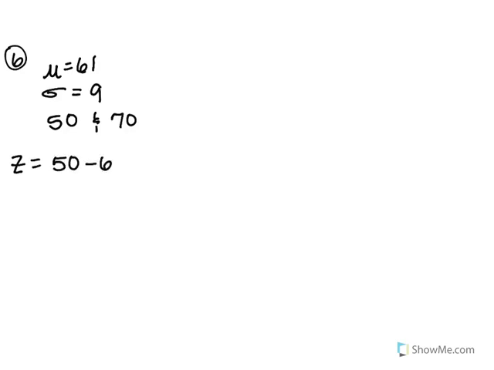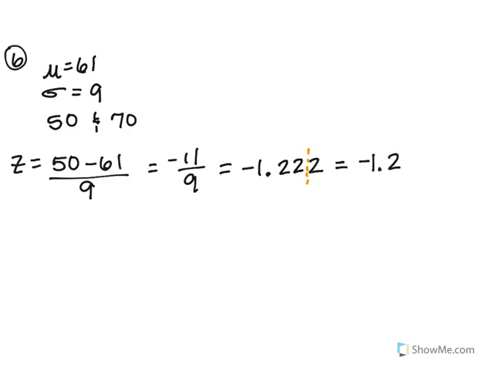So we would say 50 minus 61 divided by 9. 50 minus 61 would give us negative 11, divided by 9 would give us negative 1.222. My 2's are repeating, so that 2 is going to stay a 2. So that's negative 1.22.